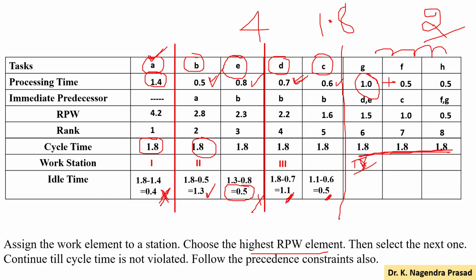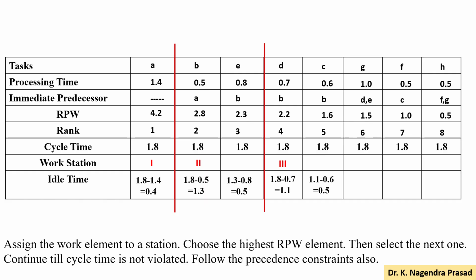In this regard, we have to make a small modification in the table. So here we have to change the task F. Similarly, here also we have to change the task G. Similarly, we have to change its processing time, here 0.5 and here 1.0.